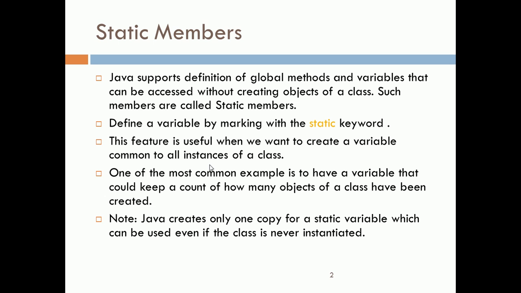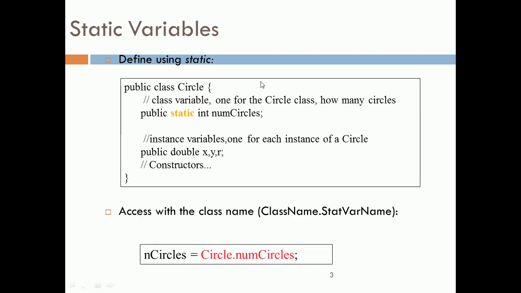I will show you an example, and from that example you can see how the static data member is basically shared by all the objects. So I will switch on to the example first. Let's consider the class Circle. You all are already familiar with the definition of class Circle. Circle class has three non-static data members. I am calling them non-static because the static keyword is not written here.